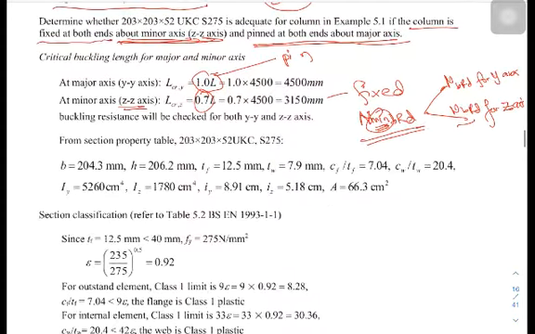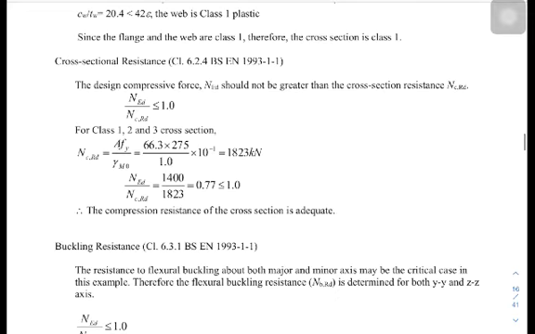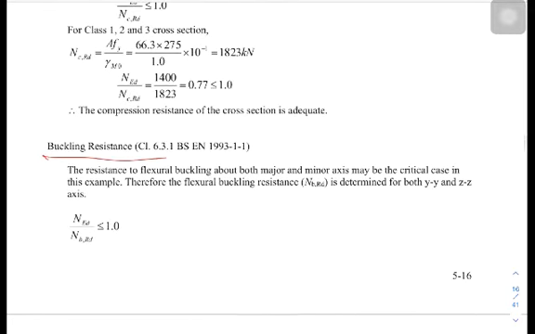Okay, as usual, the same. You try a section, and then step 1, section qualification is the same as above. Then number 2 here, the buckling resistance, step 2.